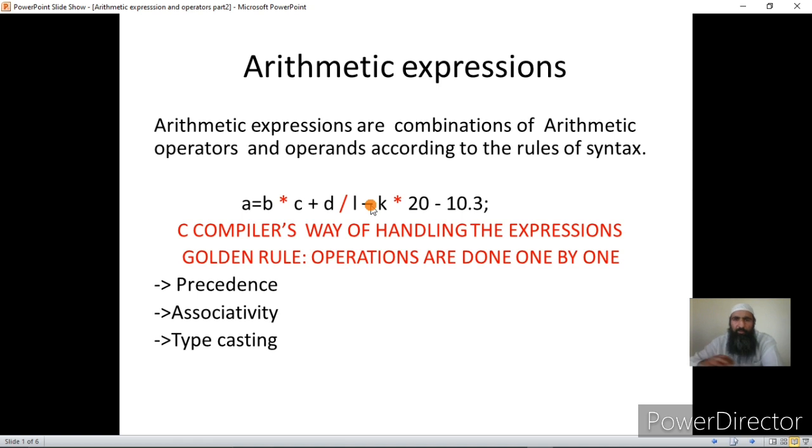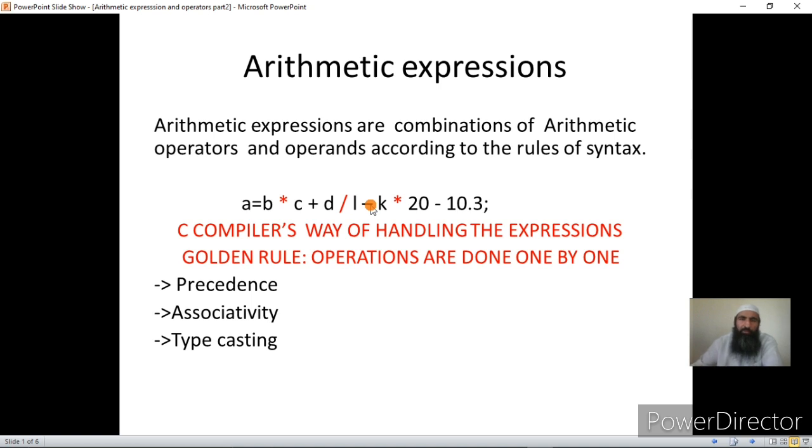Because if we perform the operations in different orders, we will get different answers, and that way we won't be clear what the result will be. So what we need is to define the order in which the operations will be performed. It is like the BODMAS rule of mathematics.